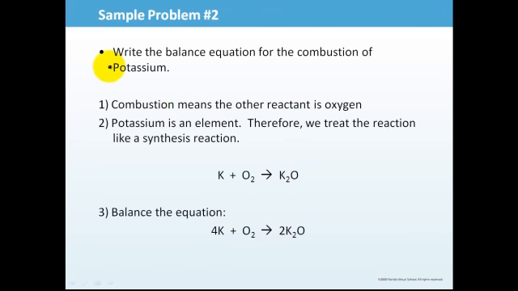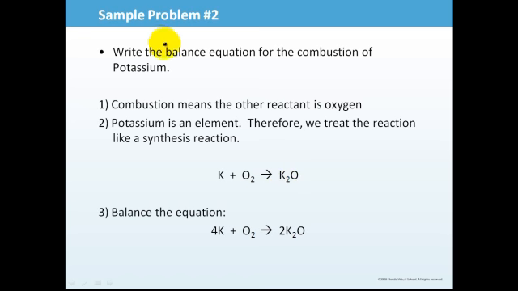For this one, we have to write the balanced equation for the combustion of potassium. Again, because it is combustion, that tells us the other reactant is oxygen. Potassium is an element, therefore we treat it like a synthesis reaction and not a hydrocarbon. So we have K for potassium plus the oxygen yields K2O.